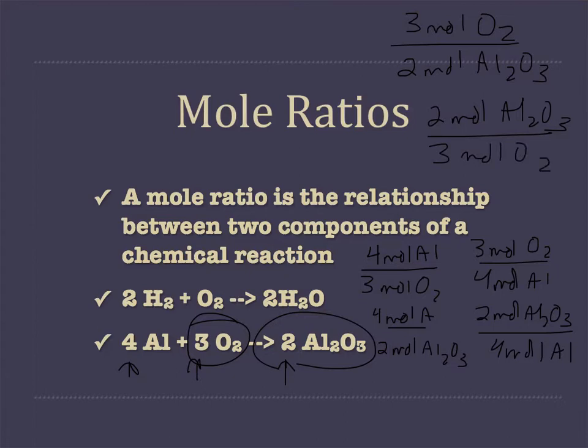So in this case, with 3 different items in here, we were able to write 6 different ratios, 6 different relationships between moles. They're always dependent on the coefficients out front when we write these mole ratios.